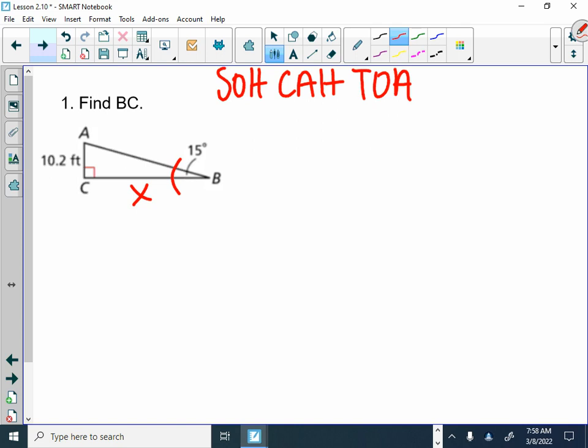Which one does not have opposite involved? Cosine. Gone. Cosine's out because it's got an opposite, and I don't need an opposite for cosine. And then this x, is it adjacent, opposite, or hypotenuse to angle B? Adjacent. So that throws out sine, so tangent is the way to go.